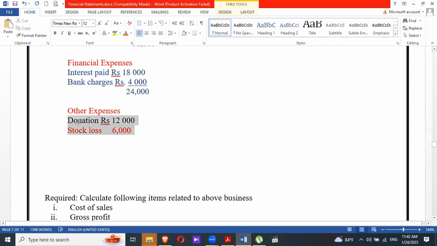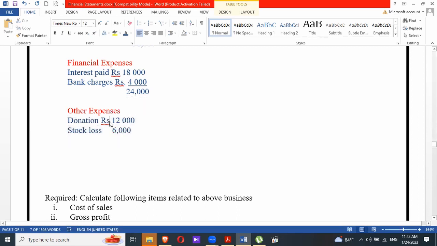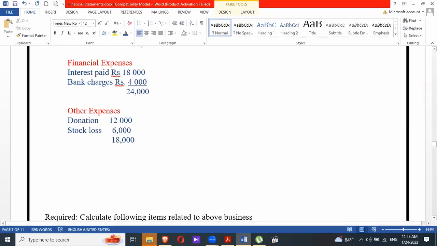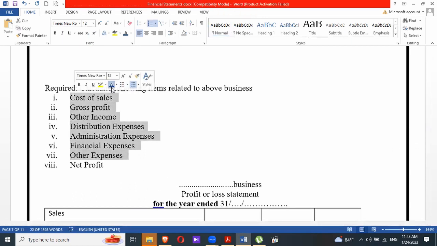Donation 12,000 and stock loss 6,000 all together, 18,000 is the total of other expenses. Total of other expense is 18,000. Up to this we have already calculated.